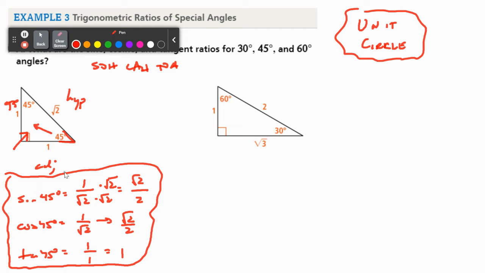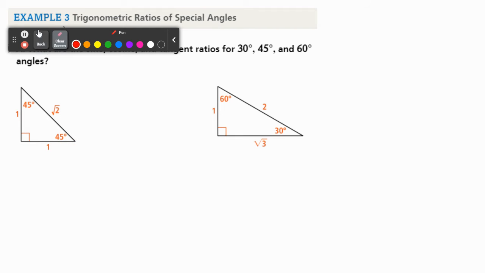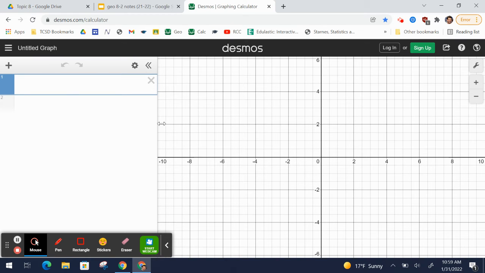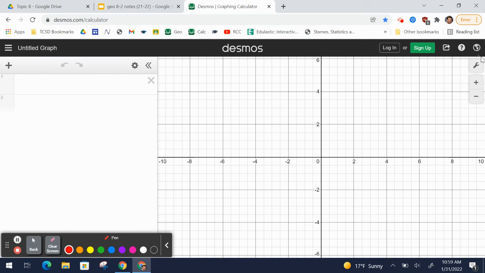Now, what I want to do is show you in a calculator how this stuff is stored. Remember square root of 2 over 2. I'm going to open up Desmos graphing calculator. One thing to remember with Desmos is that up here there is a wrench. Angles can be measured in two units, at least in your math class.